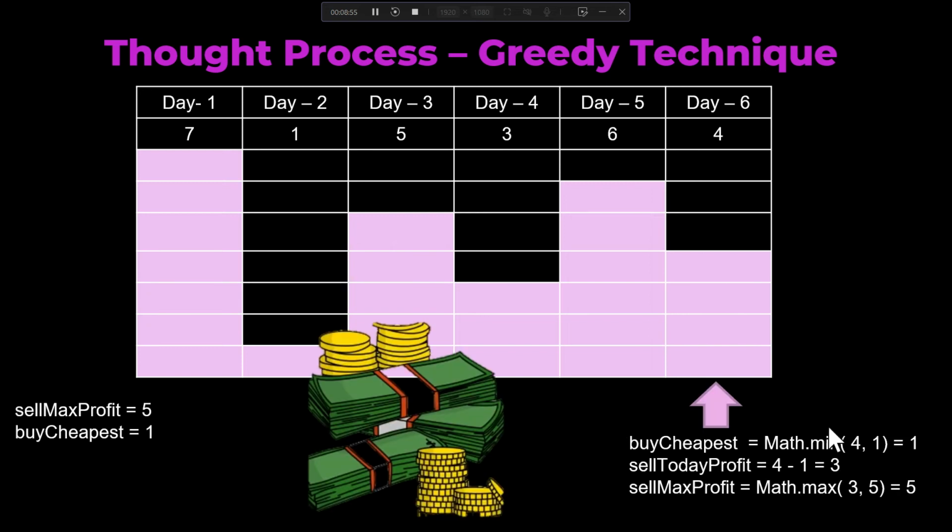After updating to 5, the current profit is 5, the cheapest is 1, and today's price is 4, so we still buy on this day. In the next step, we sell 4 minus 1, which is 3, and compare with 5, of course 5 is higher. So by the end of this iteration, we can see that the maximum profit is 5.